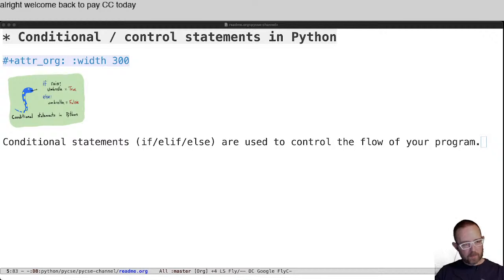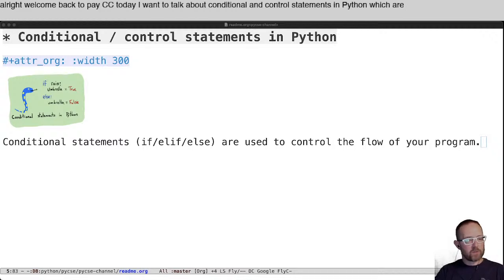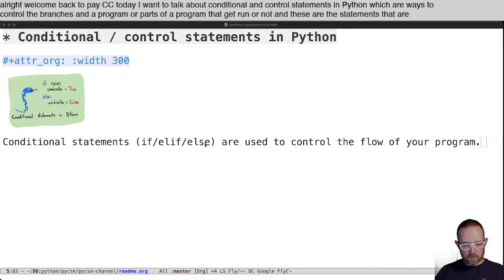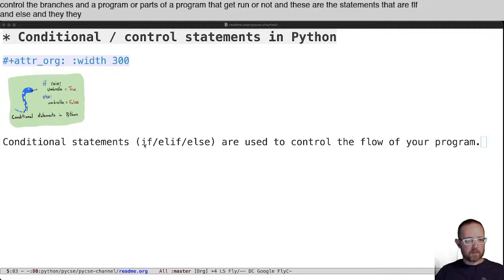Today I want to talk about conditional and control statements in Python, which are ways to control the branches in a program or parts of a program that get run or not. These are the statements if, elif, and else. If and elif take arguments that are Boolean in nature, or truthy or falsy.